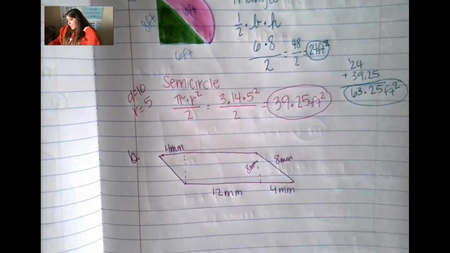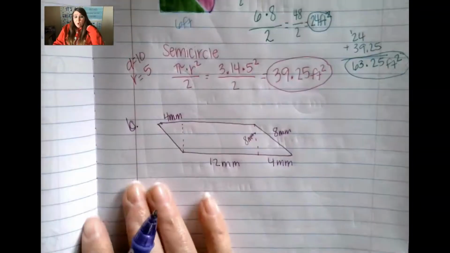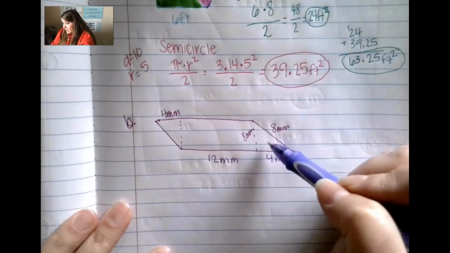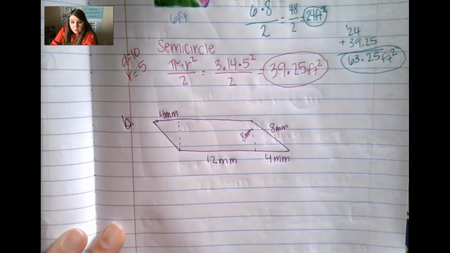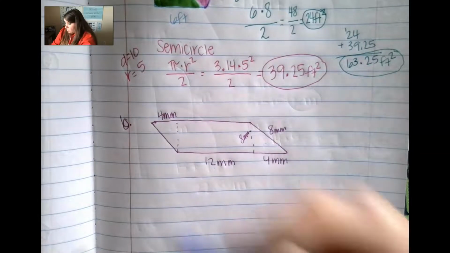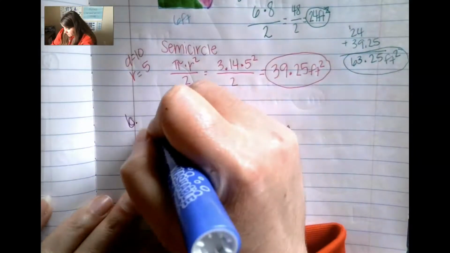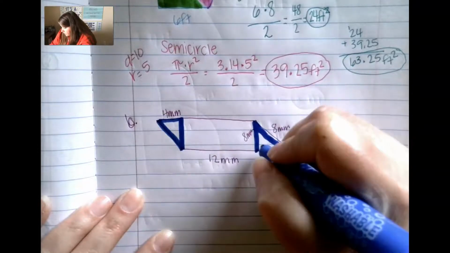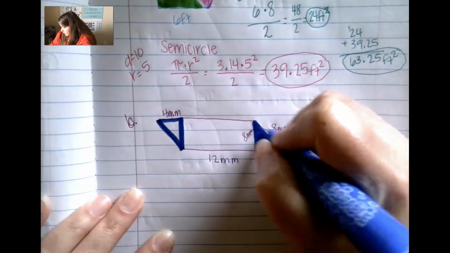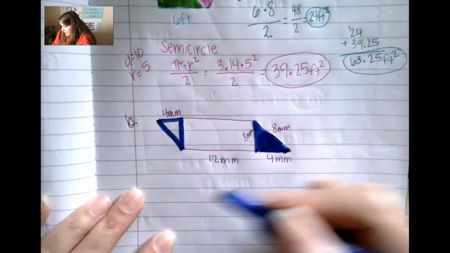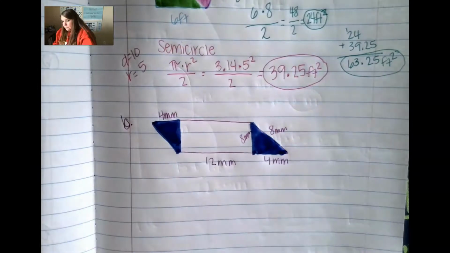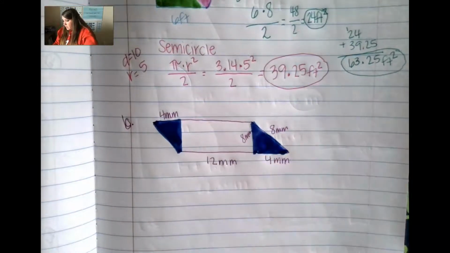Let's first start with one of the triangles. We're going to end up having 2 triangles, so let's solve for one triangle, using the information from this picture.